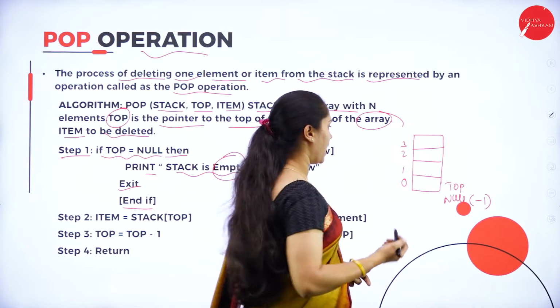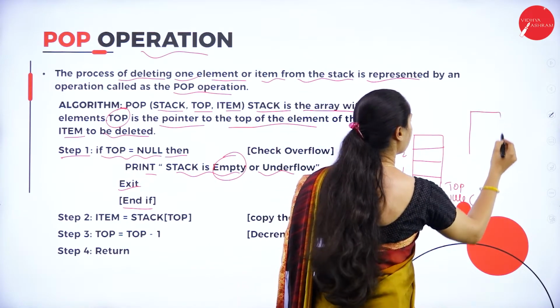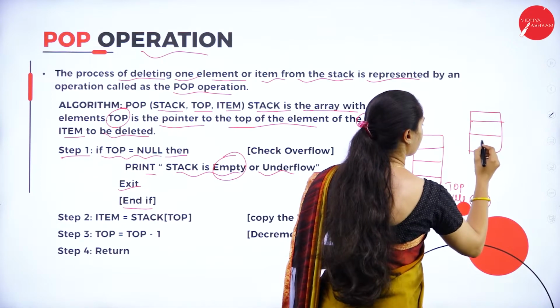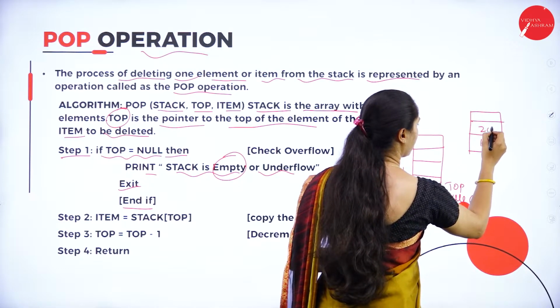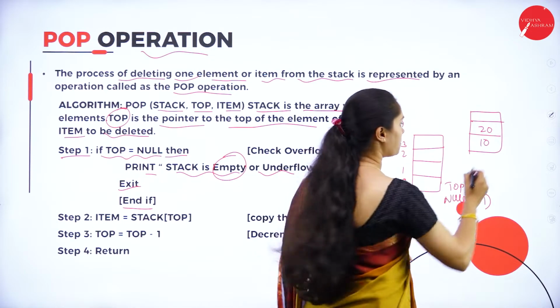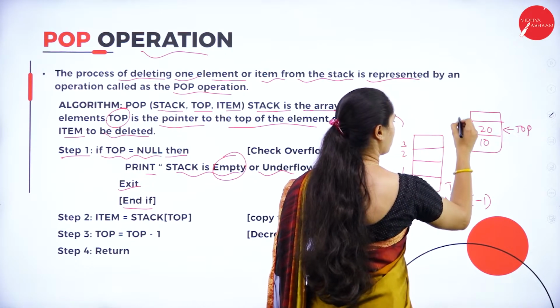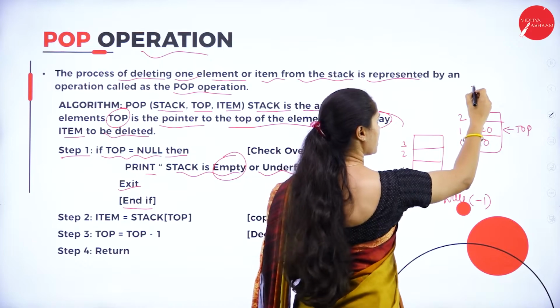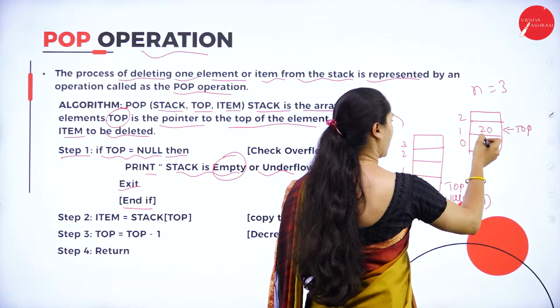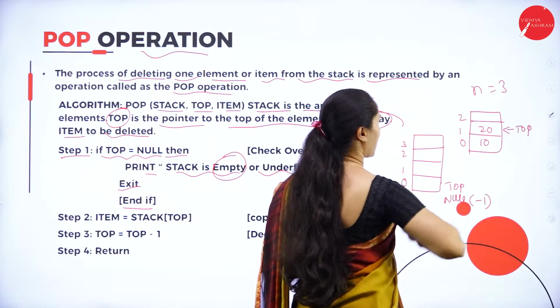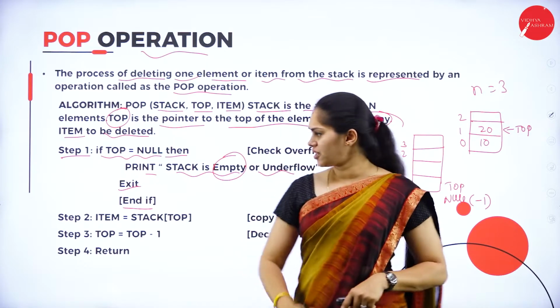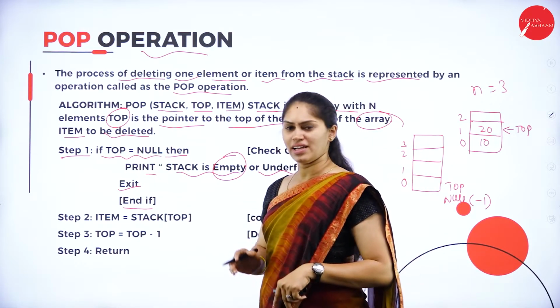What if we have an element? Let me consider here 10, 20. So now where will top be? The top will be in this location. So the locations will be 0, 1, 2. I have 3 elements, n is 3 now, but I have only 2 elements and top is at the location called 20. Fine. So now top is not equal to null.